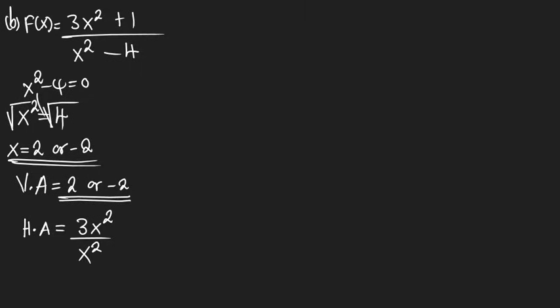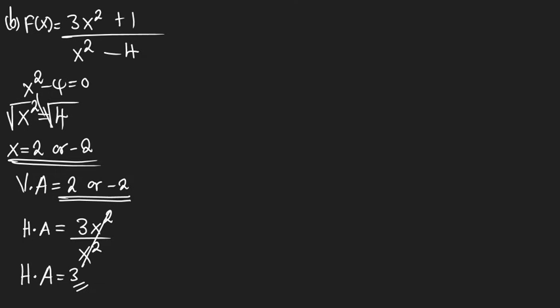Now, we want to find the horizontal asymptote. You just look at the degree of your powers of x, and your horizontal asymptote becomes 3. So that is the horizontal asymptote.